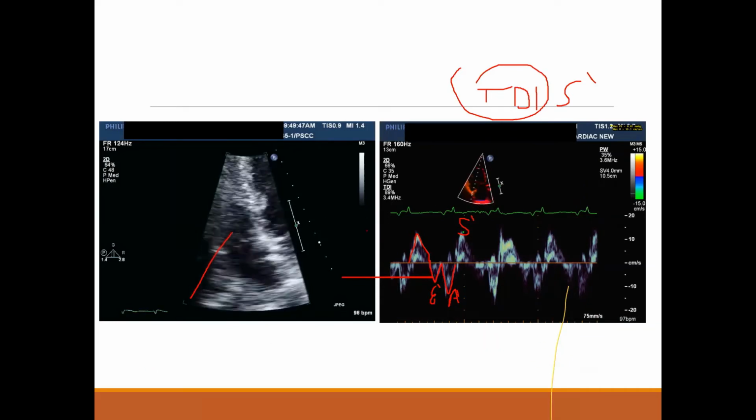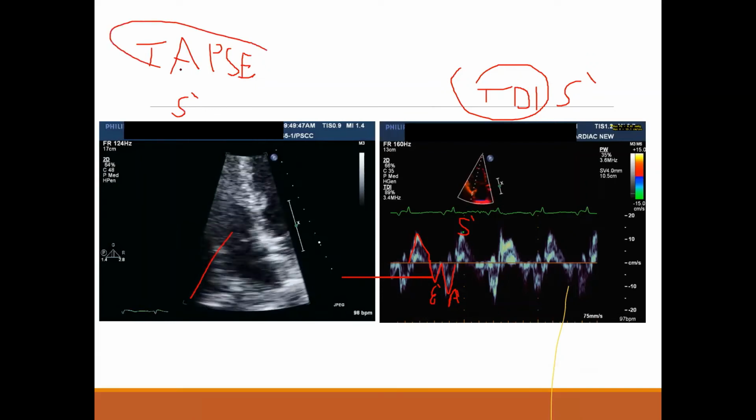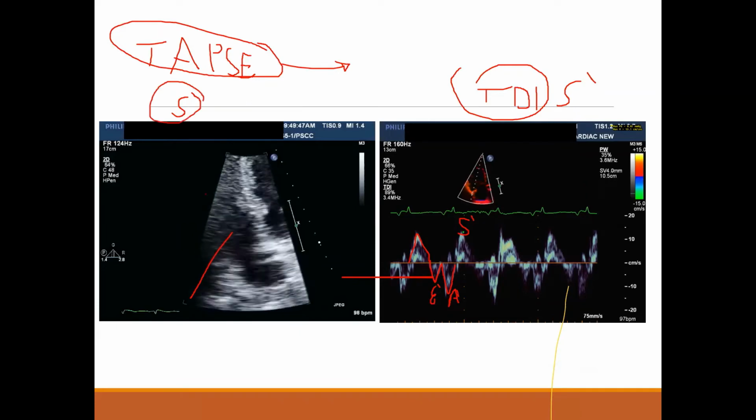So we are using two signals for right ventricular assessment, the TAPSE and the S prime. Of course TAPSE is better and more accurate than the S prime.